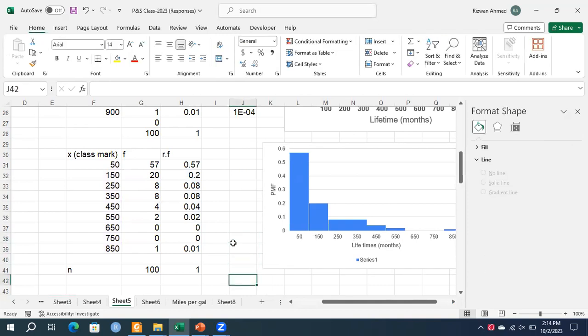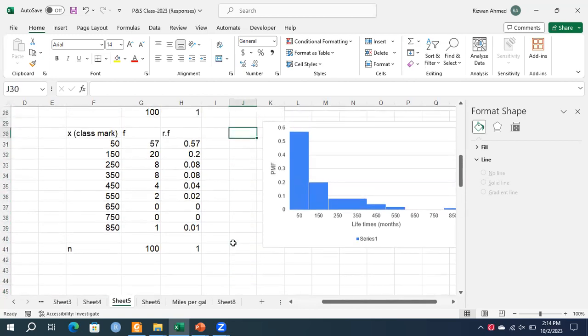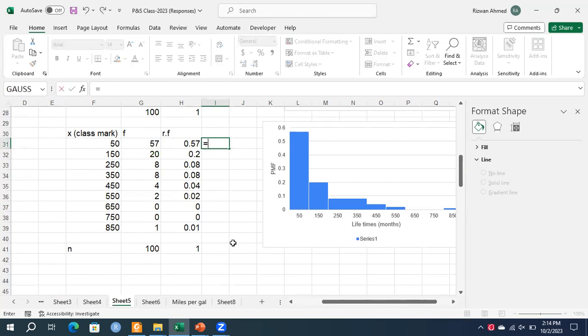Well, we see that our variable was not a discrete variable, right? Our variable was a continuous variable. Therefore, to come up with a better representation, we will further convert it to a density function. In this case, it will be equal to the relative frequency divided by the class width. Right?